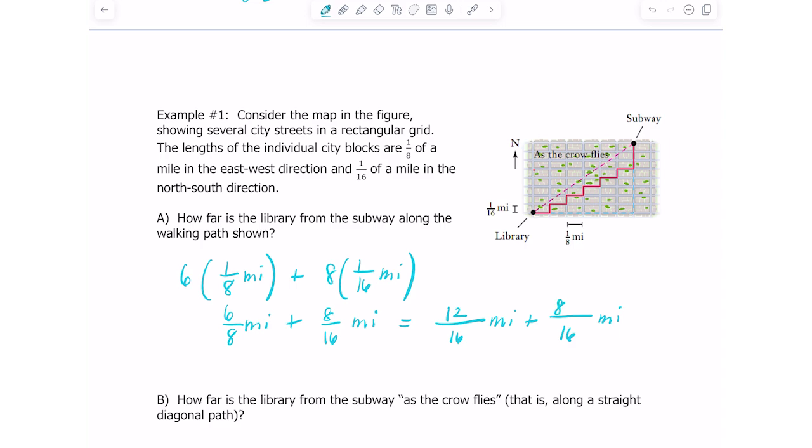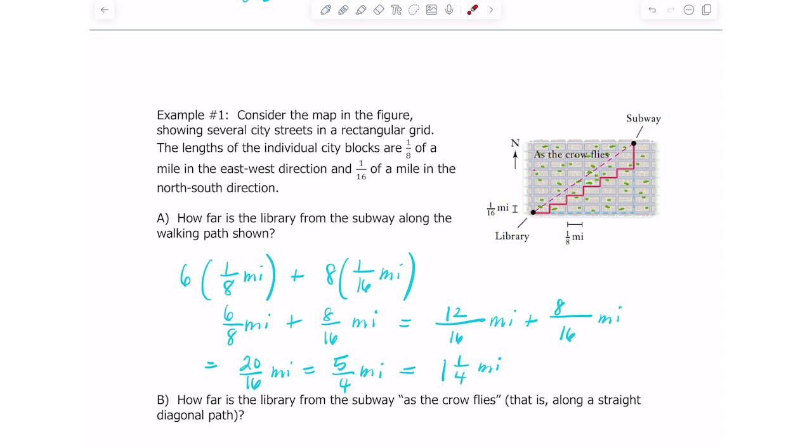Now when I add those, 12 plus 8, I get 20/16, which reduces. If I reduce that, 4 divides into 20 5 times, 4 divides into 16 4 times. So it's 5/4 of a mile, or 1 1/4 miles. Okay, and I know that because 5 divided by 4 is 1.25.